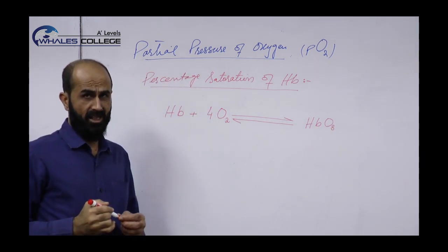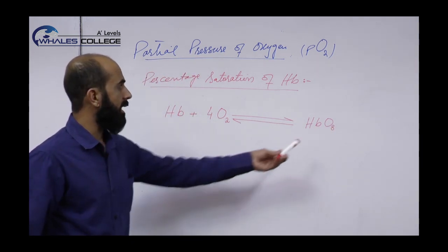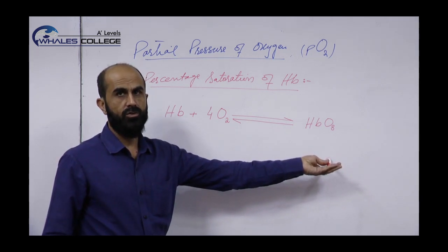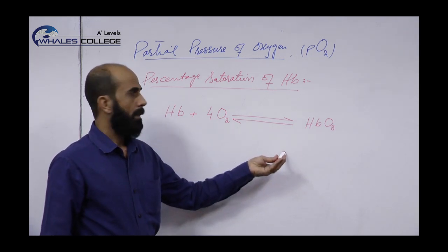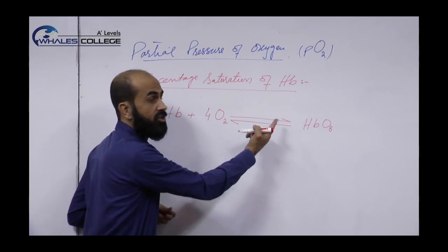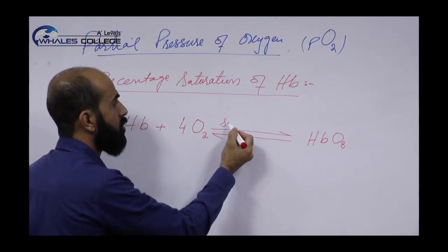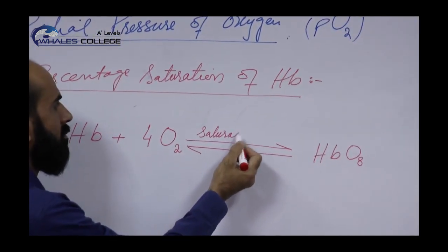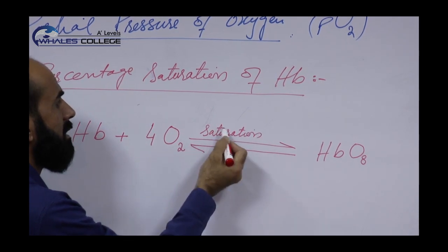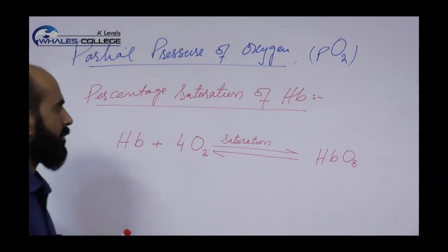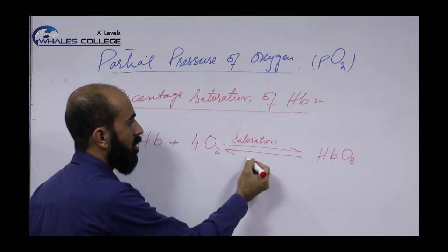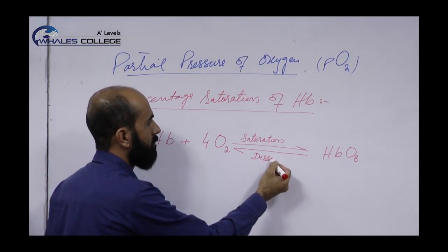Each hemoglobin has the ability to bring 8 oxygen atoms to the respiring tissues. In this case, the forward reaction is called saturation. Yani hemoglobin is going to pick up oxygen. And the backward reaction is called dissociation.